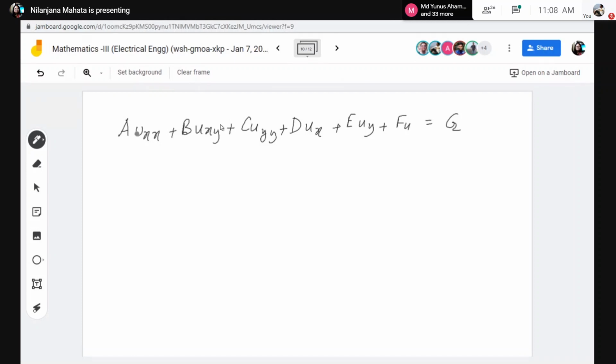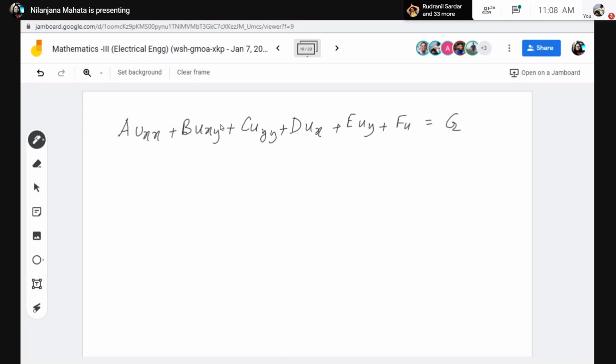U is a dependent variable dependent on x and y, and we can differentiate up to 2 times, that is u with respect to x and y. Well, we will assume that this function is differentiable with respect to x and y up to at least 2 times in some domain, and then we can classify these partial differential equations as hyperbolic, elliptic, or parabolic.